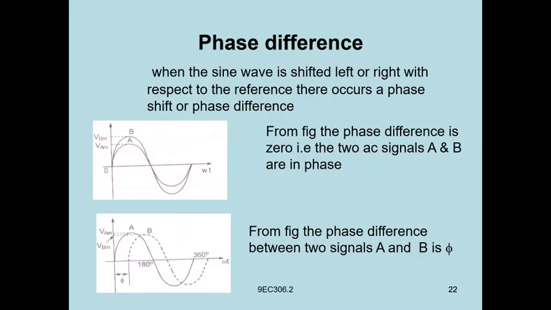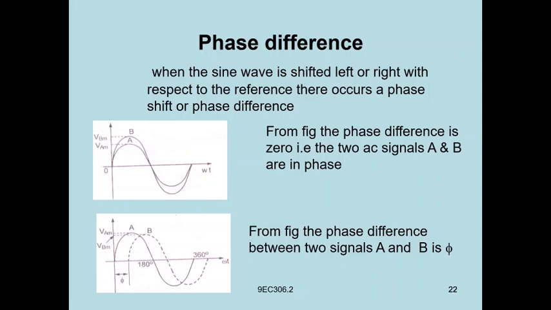See in this figure. In this, the two signals A and B do not start at 0. There is a phase difference between the A and B phasors, which is phi.